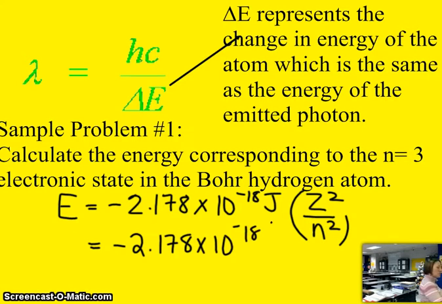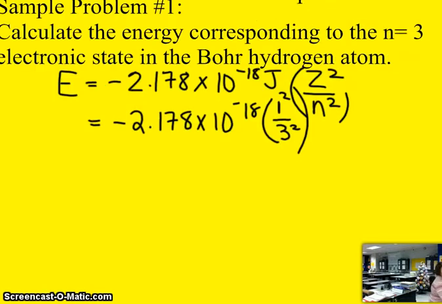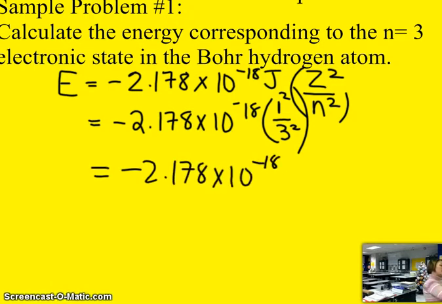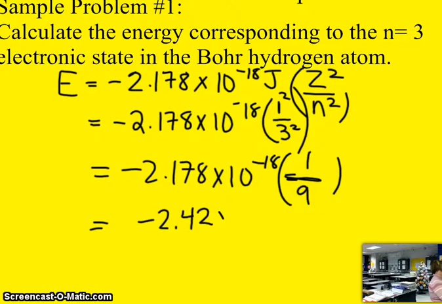For hydrogen, Z is your atomic number, which will always be 1. 1 squared is 1, and we're in n equals 3, the third energy level. So we have negative 2.178 times 10 to the negative 18th times 1 over 9, and what we get is negative 2.42 times 10 to the negative 19th joules.